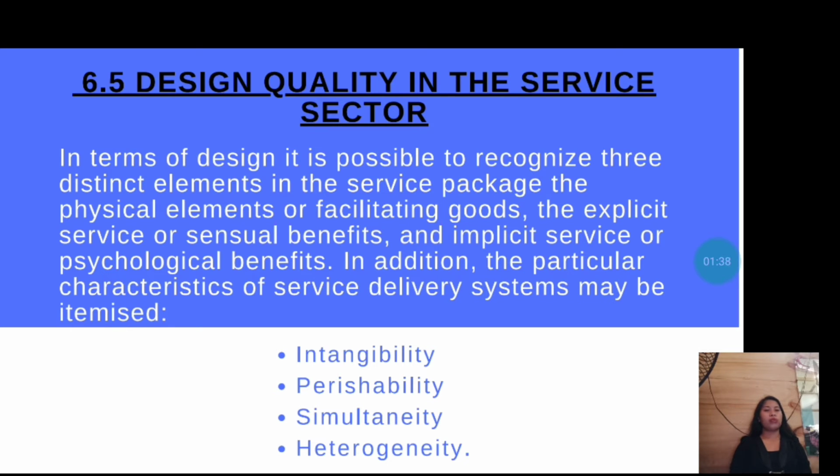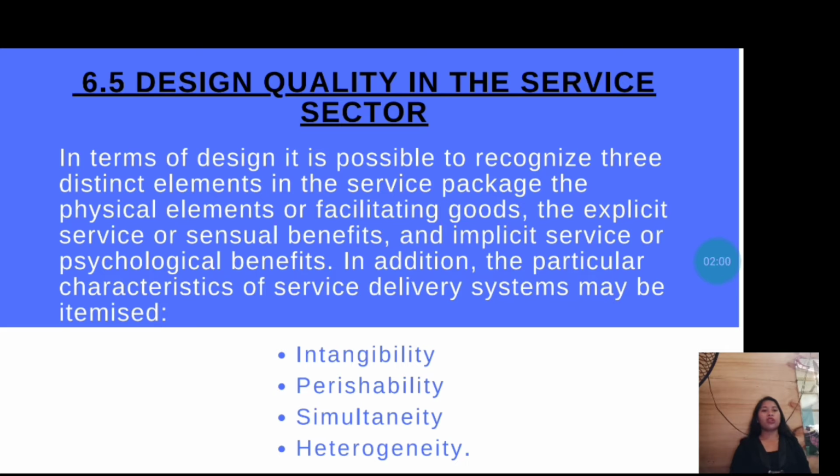So dapat jud example sa mga utan, dapat mapabilin jud silang fresh to make sure of the safety of the people. Next is simultaneity.